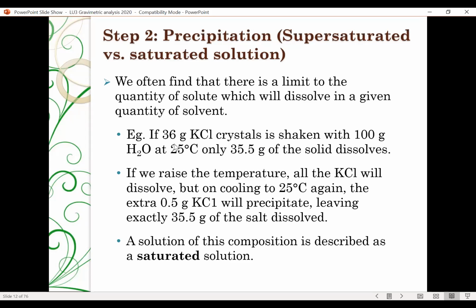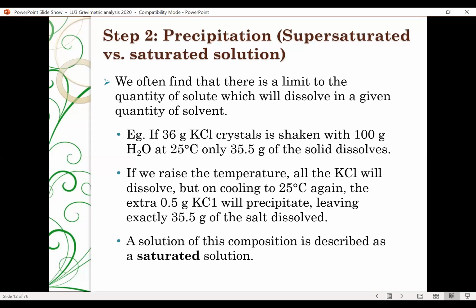What happened to the other 0.5 gram of crystal? Now, if we raise the temperature of the solution, all the KCl crystal will dissolve. All the 36 gram KCl crystal will dissolve if we raise the temperature.